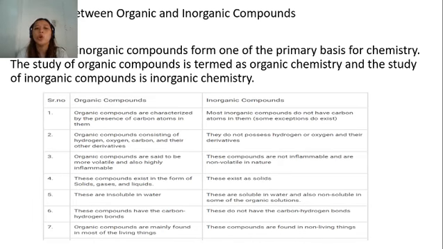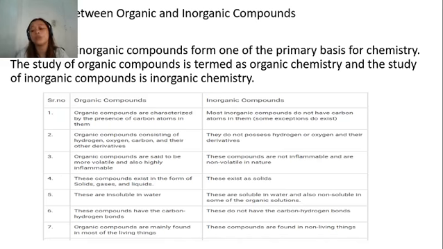So, what is the difference of organic and inorganic compounds? Organic and inorganic compounds form one of the primary bases for chemistry. The study of organic compounds is known as organic chemistry, and the study of inorganic compounds is inorganic chemistry. So, 1. Organic compounds are characterized by the presence of carbon atoms in them, while most inorganic compounds do not have carbon atoms in them.